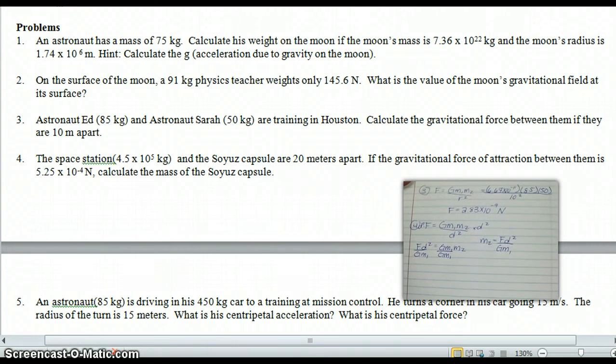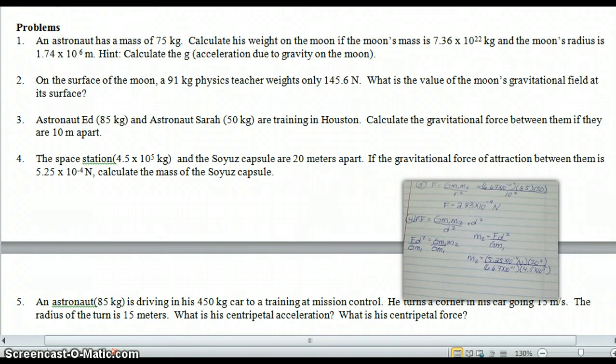So they tell me my force was 5.25 times 10 to the negative 4th newtons. My distance is 20 squared. G is 6.67 times 10 to the negative 11th. And my first mass was 4.5 times 10 to the 5th.